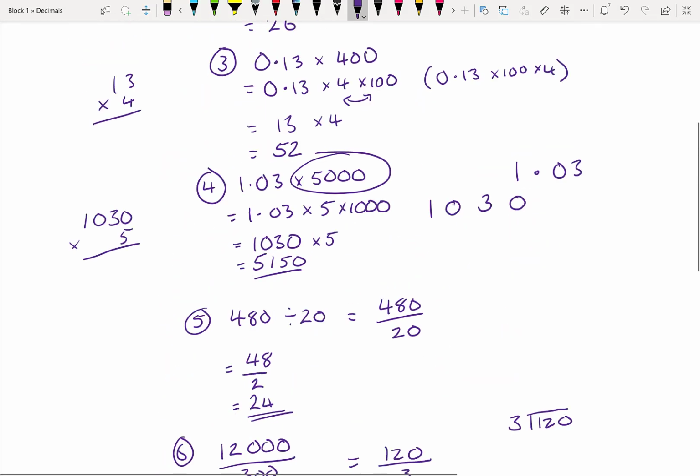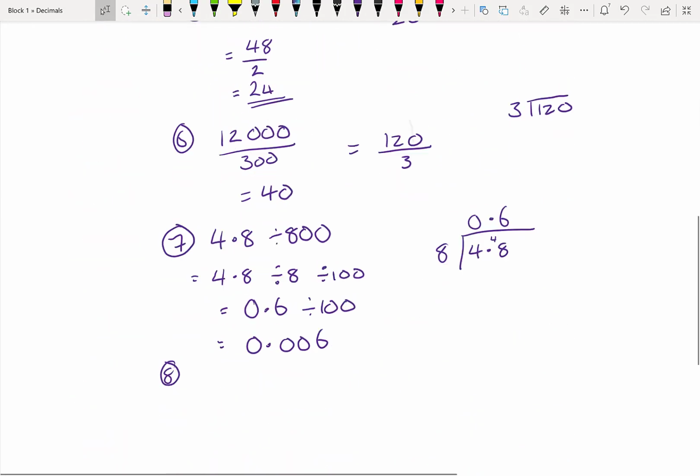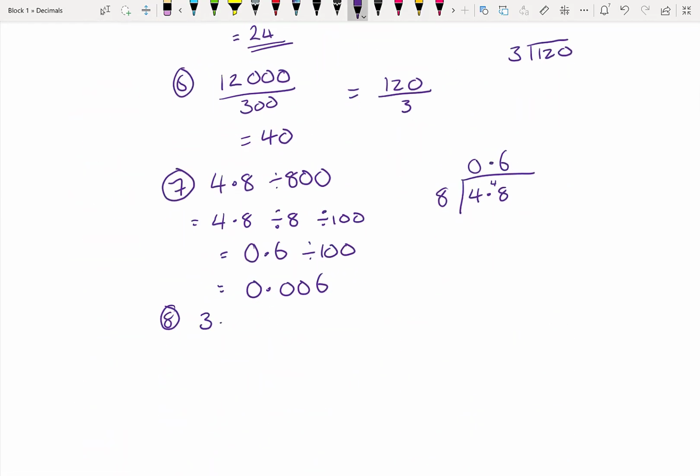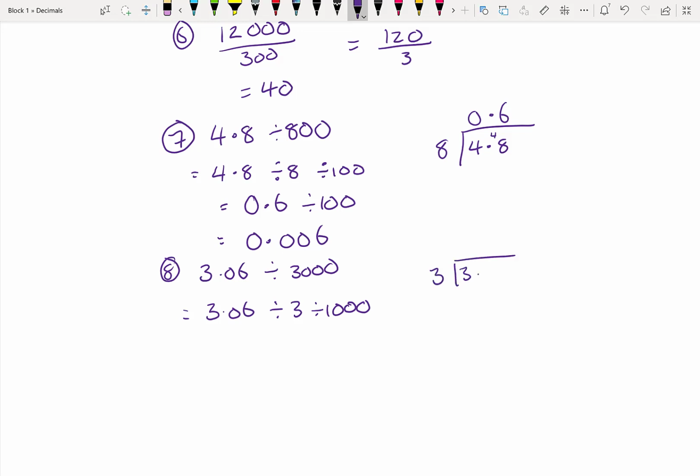Okay, finally, let's look at number 8 then. Let's see if we can do that one the same way. 3.06 divided by 3,000. And so again, what we're going to do is think about doing this one as 3.06 divided by 3 divided by 1,000. So I get 3 into 3.06. My decimal point goes up there. 3 goes into 3 one time, 3 goes into 0 no times, 3 goes into 6 twice.